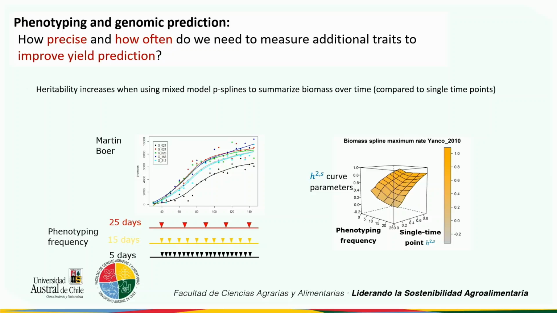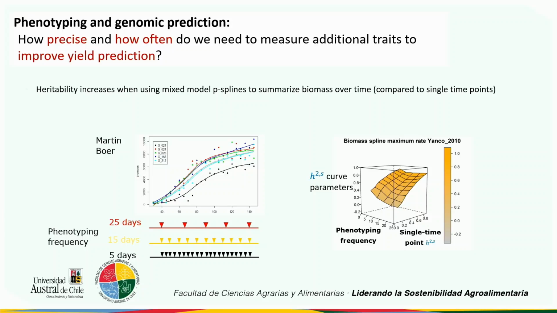So there is a sort of trade-off between the heritability at single time points, so the precision you get for each time point, and how often you measure it. If you have a small heritability, then you definitely need to measure more often. But that's really trait dependent, so I cannot give a general rule.